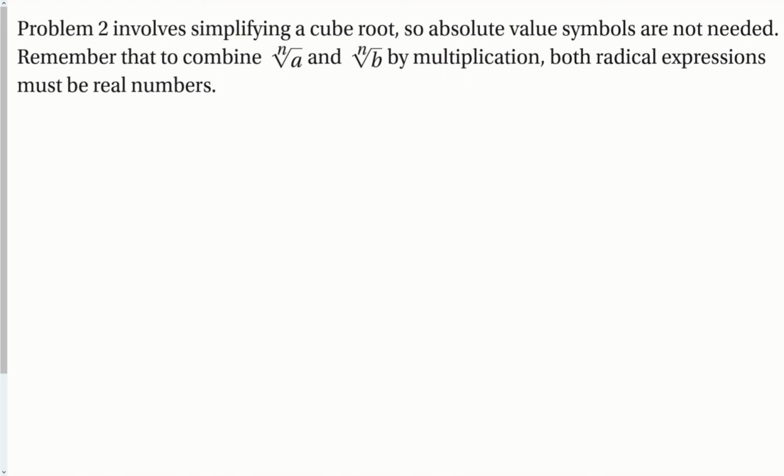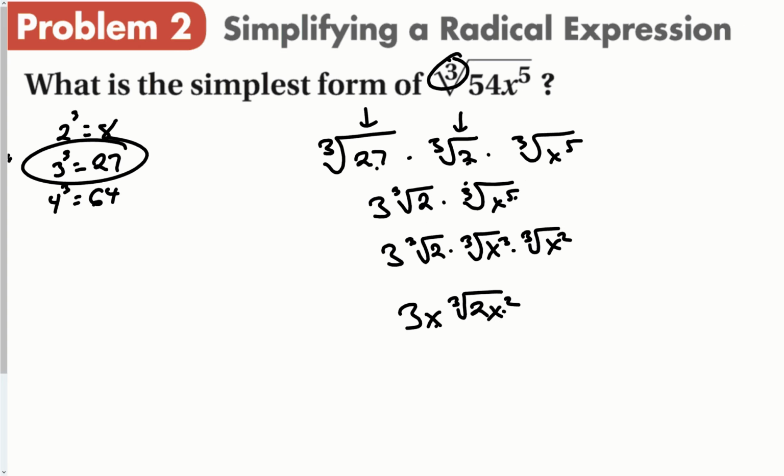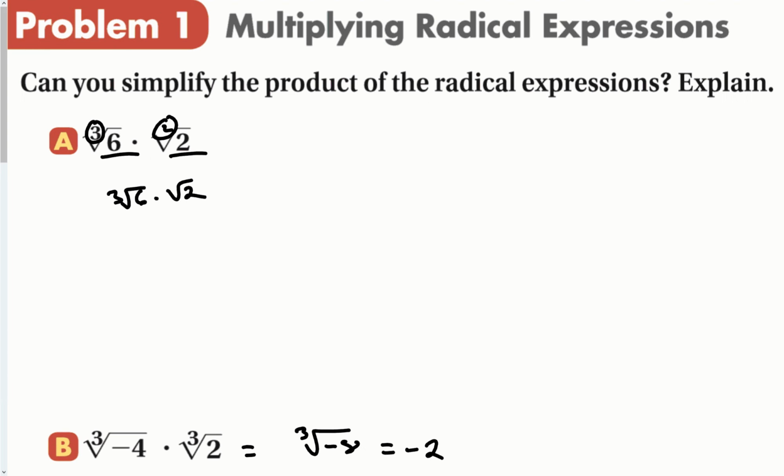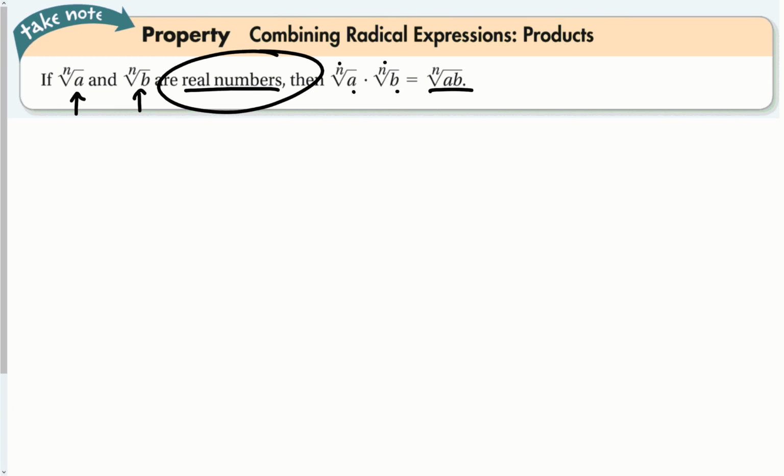Remember that when you combine these two by multiplication, both radical expressions must be real numbers. Remember how I said that one of the most important parts of this theorem was that they're both real numbers, both of the things that you are combining using the product rule.